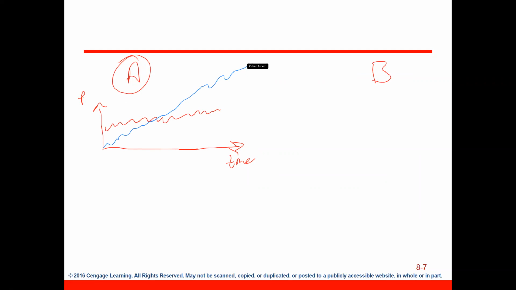Even though on average they are both yielding, say, 3%, the average of A is 3% and the average of B is also 3%. But what is different between A and B is that B might be too volatile. There are extreme good values here and extreme bad values here.